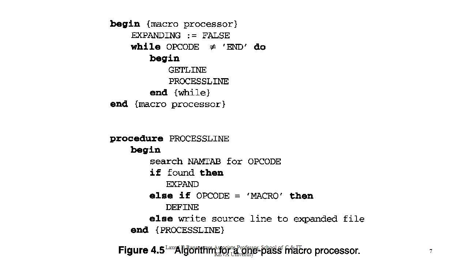So if you find that the opcode is present in the name tab, then we are going to call a function expand. Else, if opcode is equal to macro, that means we have encountered a definition of the macro. So if you have encountered an opcode which is equal to macro, then we have to define that.